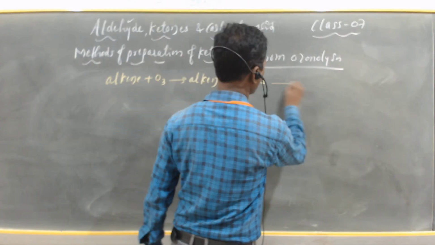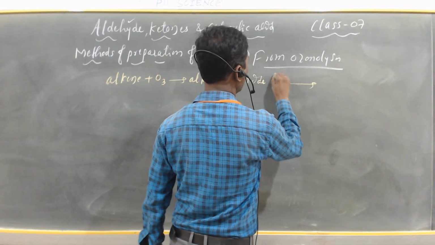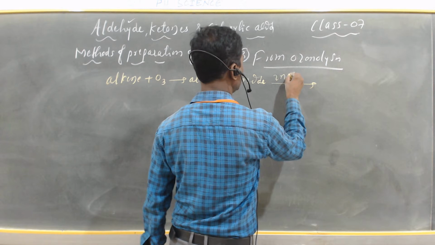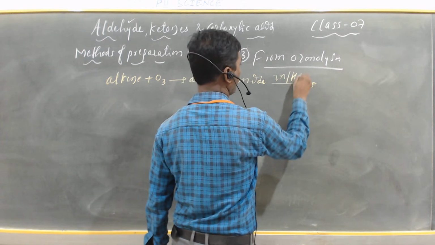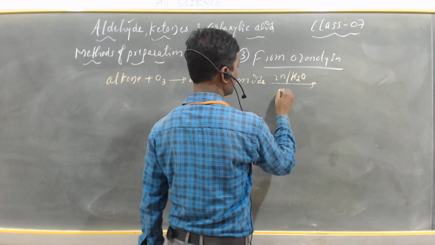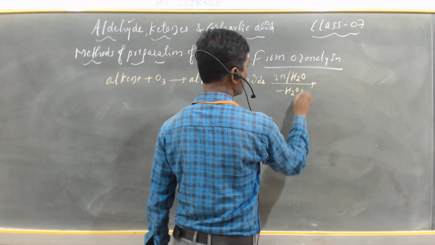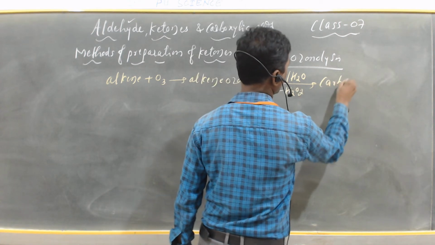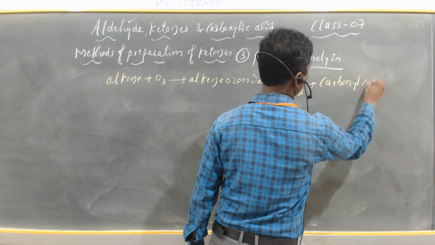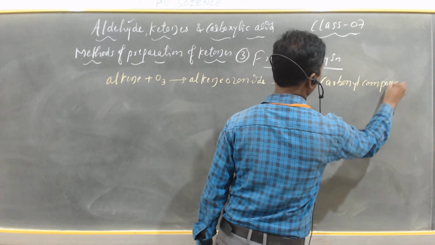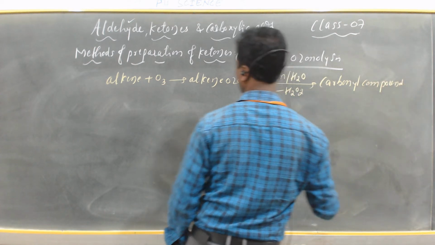This alkene ozonide is heated with zinc on hydrolysis, which removes H2O2, and it gives a carbonyl compound.